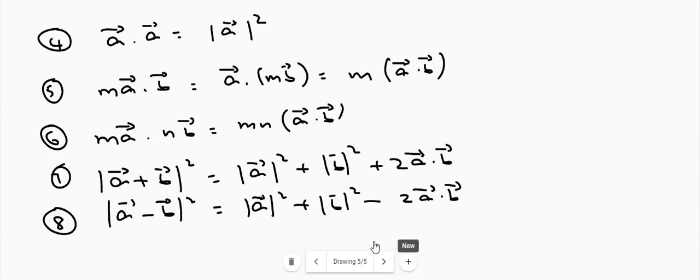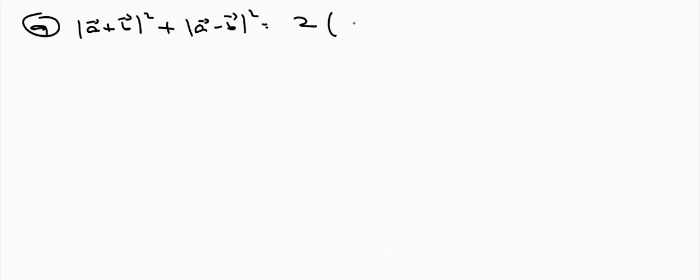Property number 9, mod A plus B whole squared plus mod A minus B whole squared is equal to 2 times (mod A squared plus mod B squared).